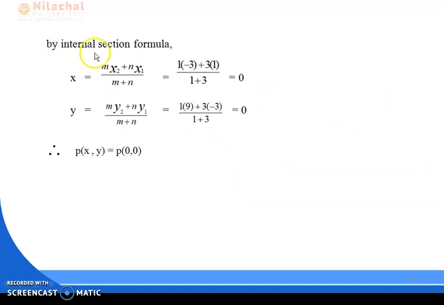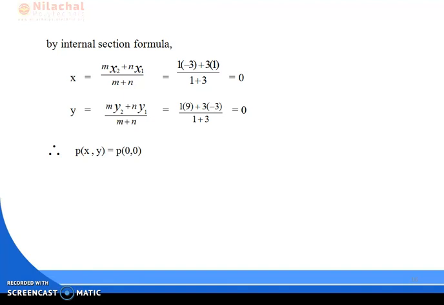By the internal section formula or internal division formula, the x coordinate must be mx2 plus nx1 by m plus n, and the y coordinate must be my2 plus ny1 by m plus n. So for x we put m as 1, n as 3, x2 as -3, x1 as 1. So what do we get now? The x coordinate is 0.